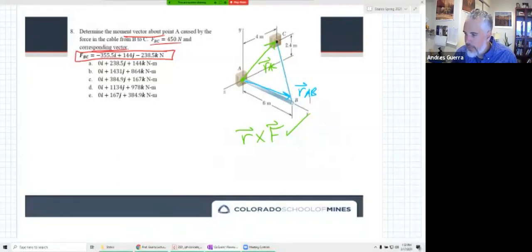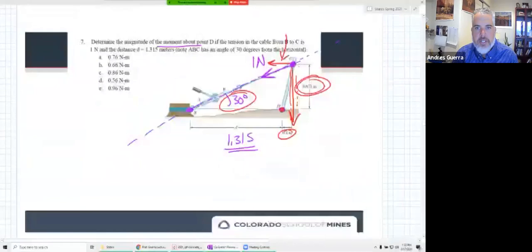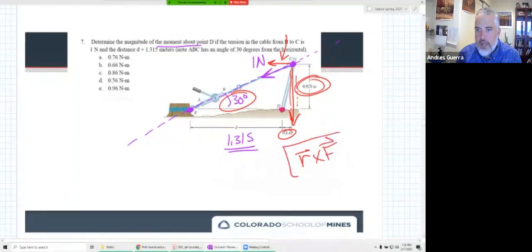And then I see R DC cross F. Yeah, and then I think Kala, you were talking about this problem. You absolutely could. Actually, in 2D you can use R cross F as well.